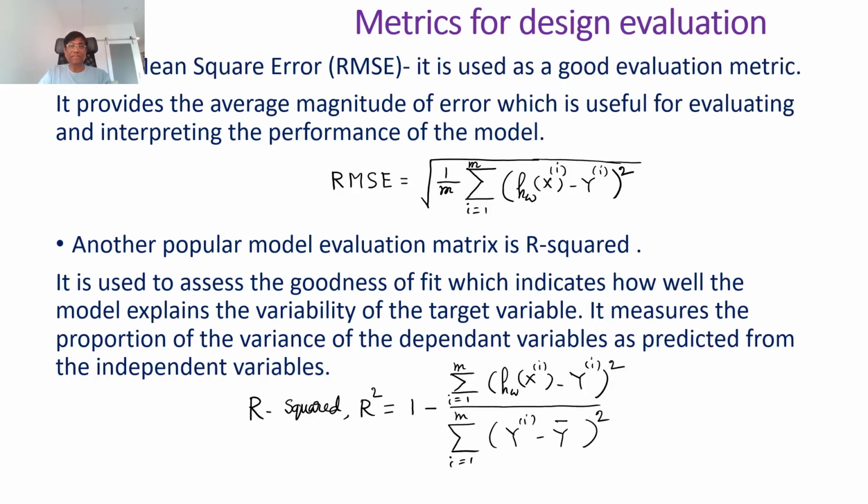These are the metrics actually. And if you are satisfied, then you lock the design and sell the product. So you see, this kind of machine learning model is almost everywhere.